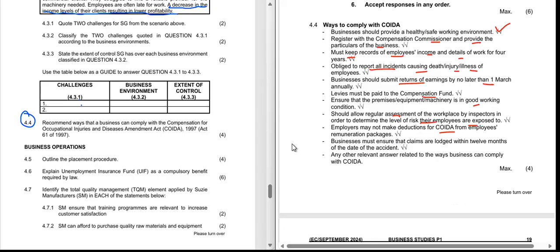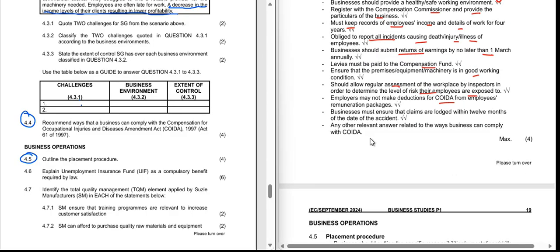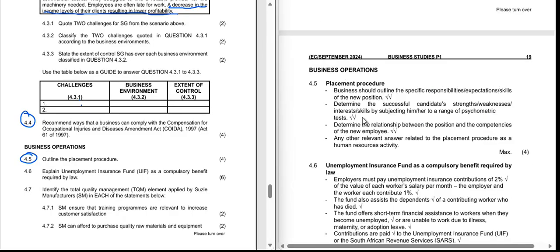Outline the placement procedure. So the placement procedure, businesses should outline the specific abilities and expectations of skills of the new position. So in other words, you are putting the right people in the right positions.